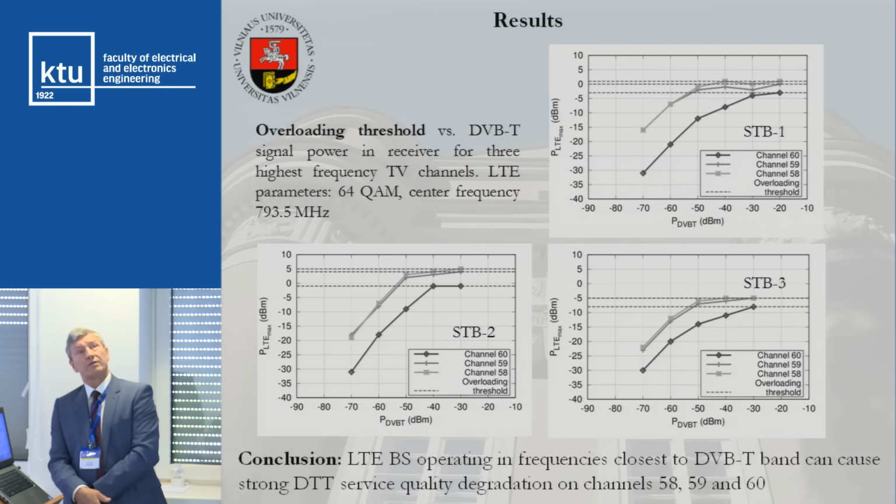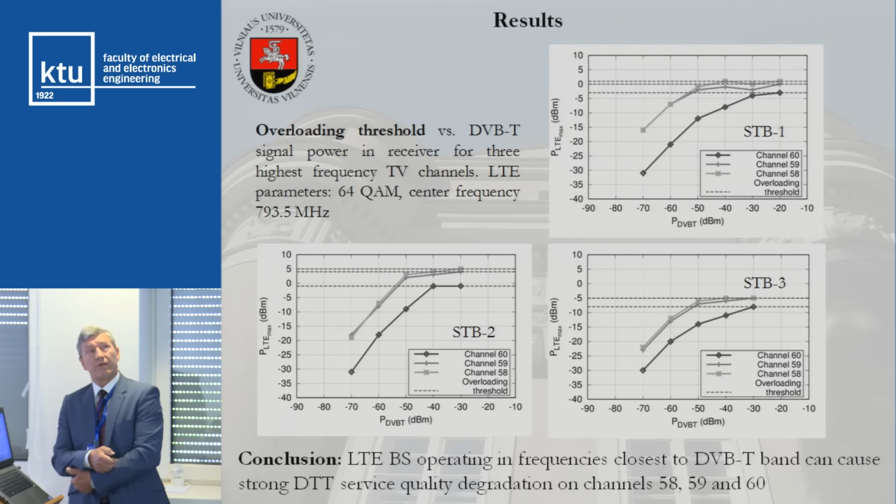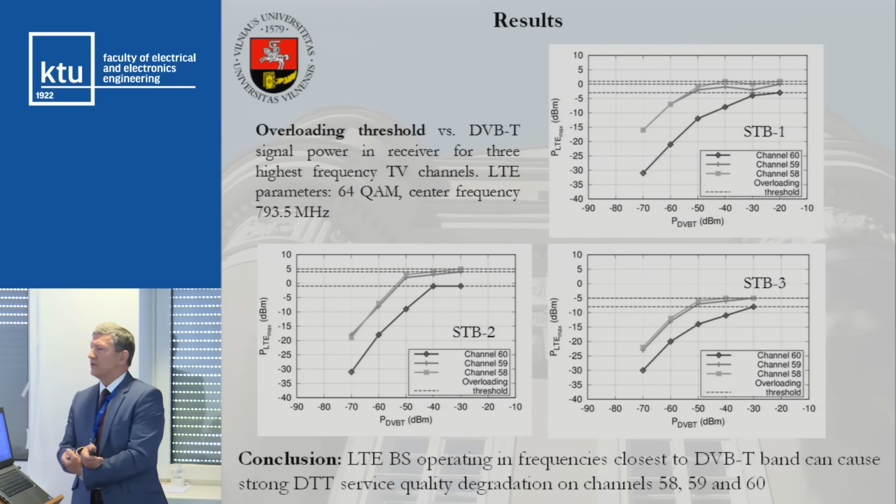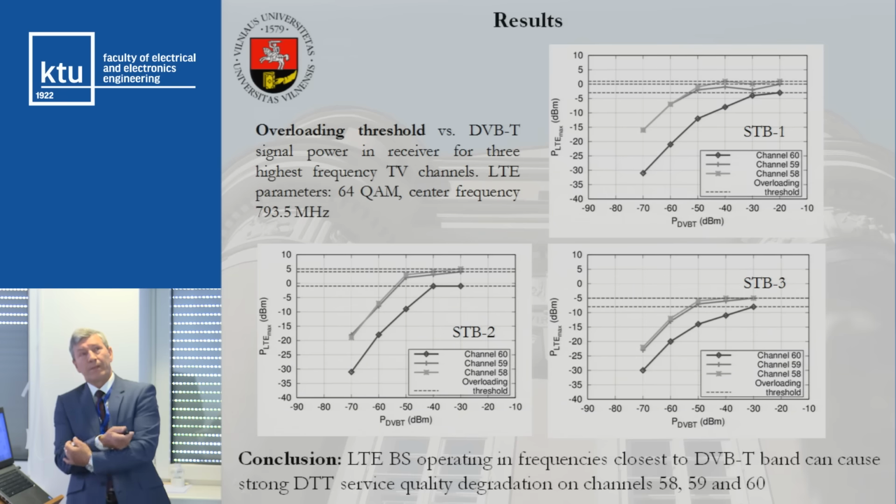Here we see these curves represent the overloading threshold versus DVB-T signal power in the receiver for the 3 highest frequency TV channels, 58, 59, and 60. All of these curves show non-linear behavior of the receiver.